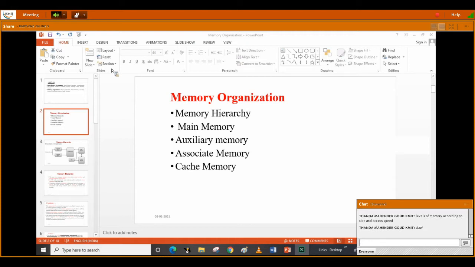Today's topic is memory hierarchy. Here are several topics: memory hierarchy, main memory, auxiliary memory, associative memory, and cache memory. What is main memory here? In a computer system, memory is essentially a part of any computer.